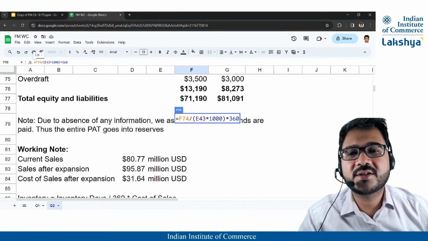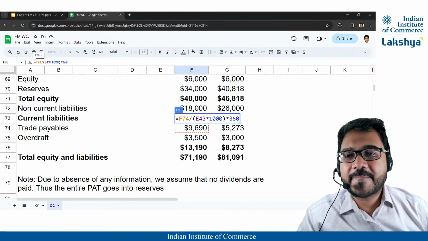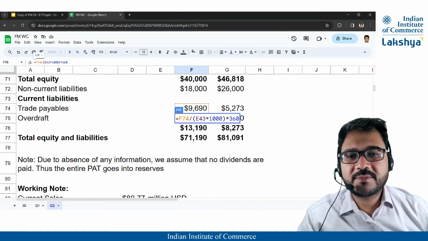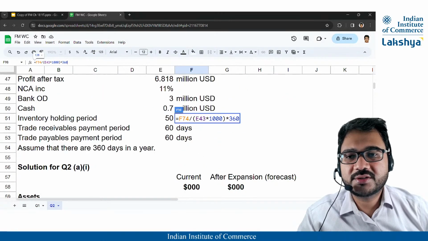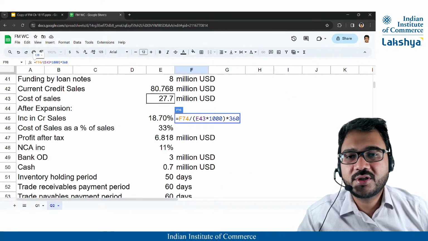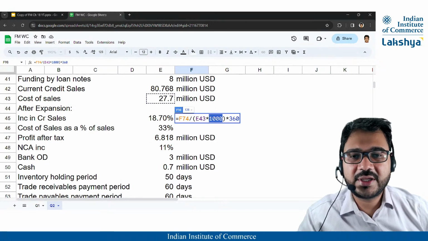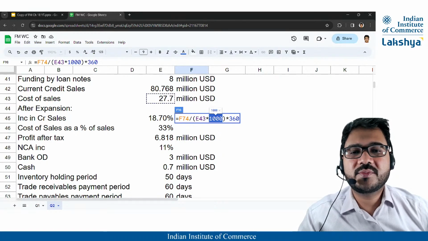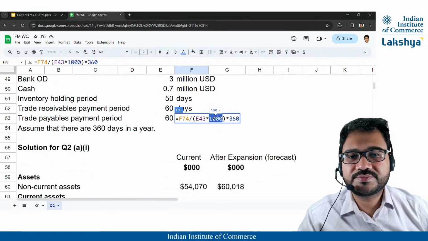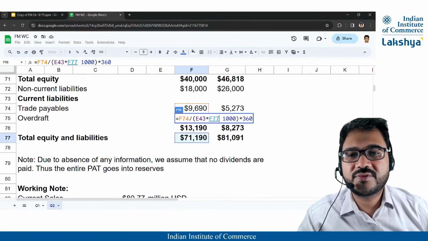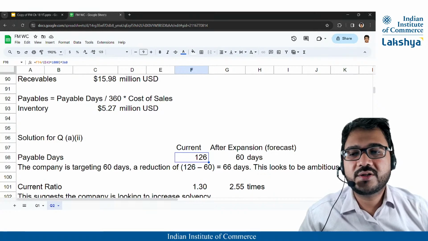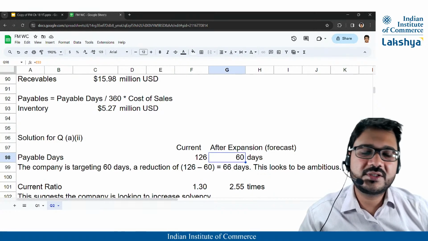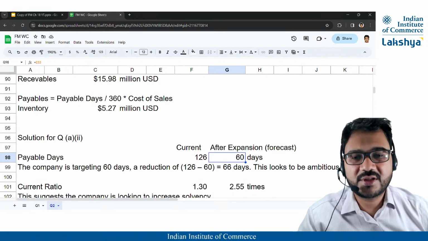So you will take current trade payables divided by your cost of sales, which is 27.7. Okay, now this is million, so you are multiplying it into thousands, into 360, right? So that will give you your current trade payable days. Whereas in this case, 60 is already given in the question.